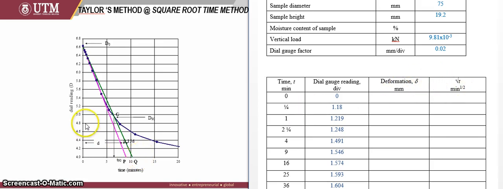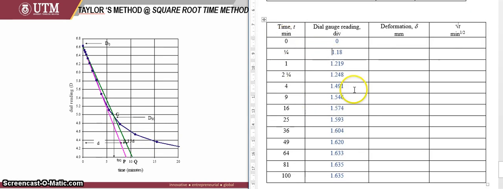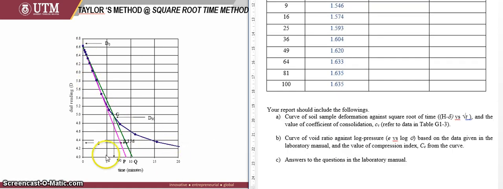So when you have your data here, you plot about 13 points, because you have 13 data in here. So what you do is you continue the curve. From this graph, what you want to obtain is actually the value of the coefficient of consolidation, the CV value. In order to do that, you have to follow the Taylor method.